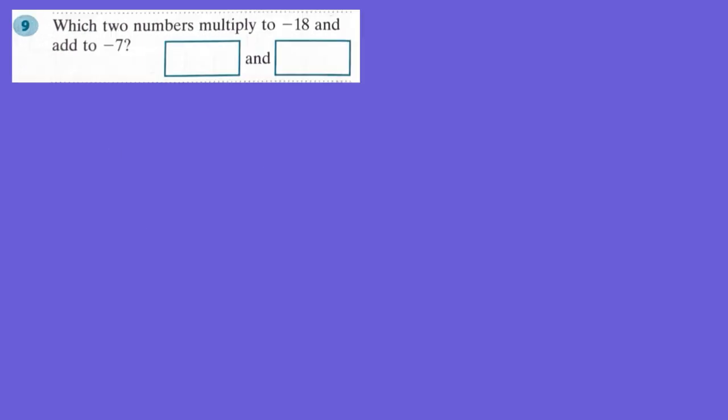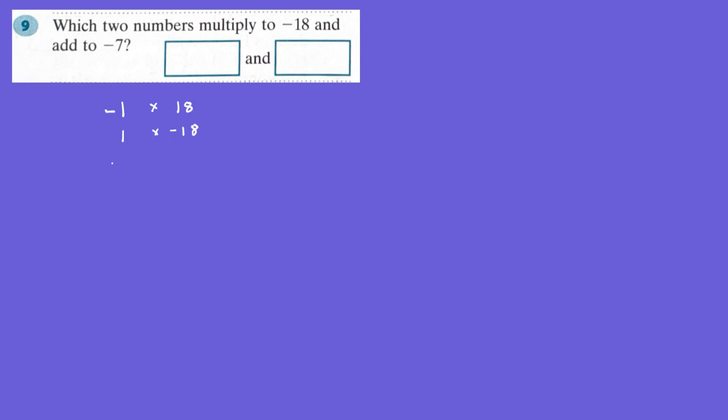Which two numbers multiply to negative 18 and add to negative 7? Now, I've got to say that this is not very hard. We need to find factors of negative 18. So we could have minus 1 times 18, and we could also have 1 times minus 18.